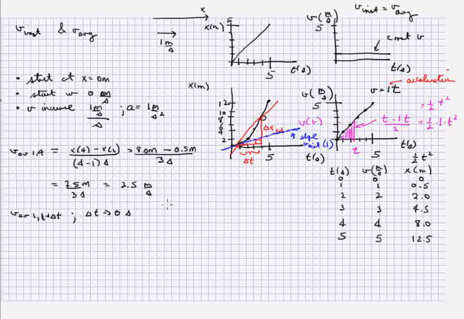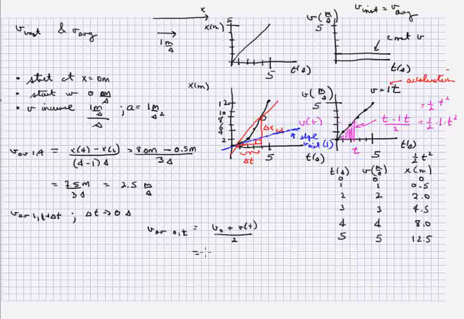Now let me do something else here, and let's remember from the definition for average velocity that v average between 0 and t is equal to the velocity at 0 plus the velocity at t divided by 2.